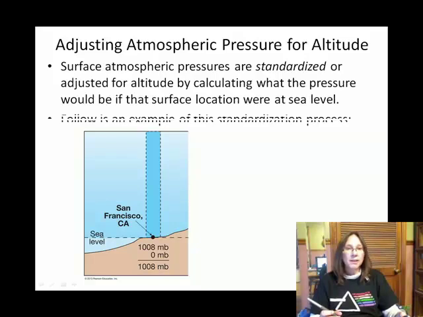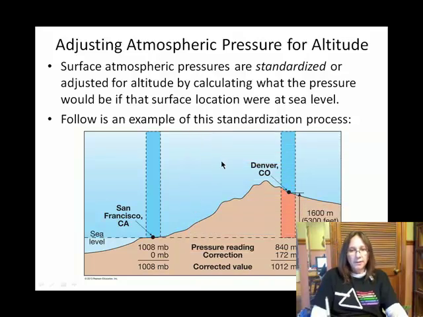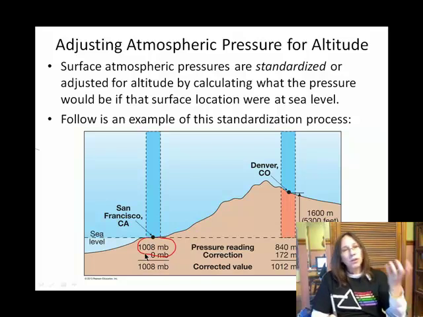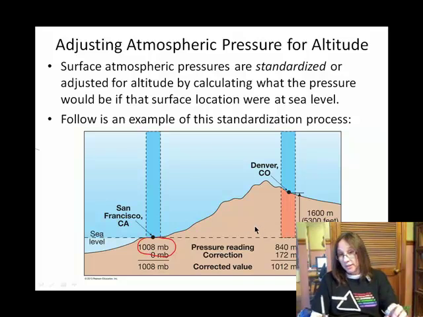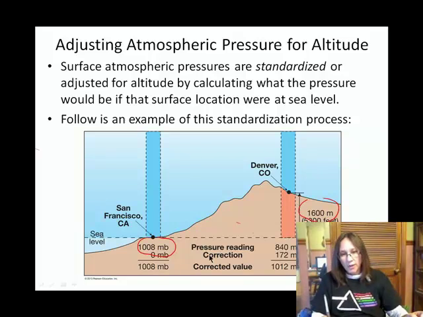So here is the same text. Now there's only 2 examples here. Again, we have the example of at sea level, you don't add anything back to standardize for elevation. And here we have Denver, Colorado, up 1,600 meters, that required adding 172 millibars.